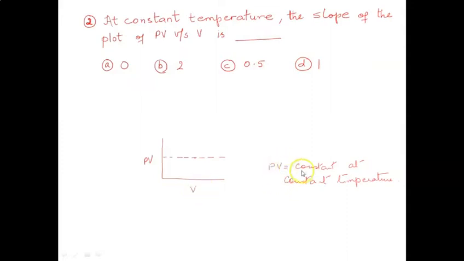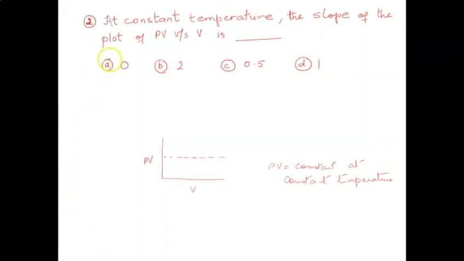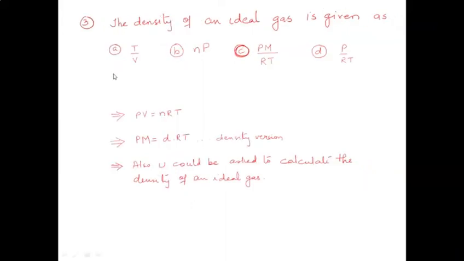PV is equal to constant. So PV remains constant, and the slope of this type of line will be 0. So we have this particular option, this is our answer. Here you have to remember Boyle's law.